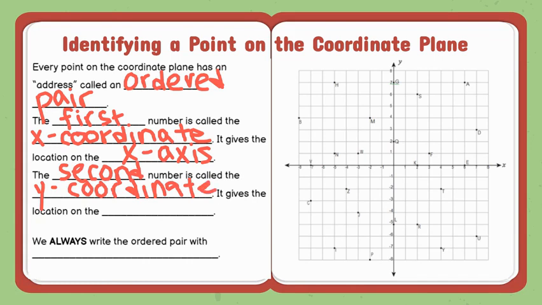It gives the location on the y axis. And we always write the ordered pair with parentheses. Sorry, that is supposed to be an R, but it kind of looks like a V. Pause this video and catch up if you need to.